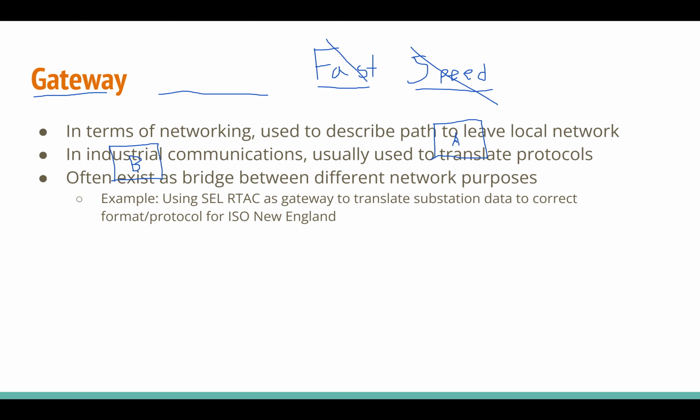Something needs to translate between them, and it usually ends up being your gateway, but that's also your way of exiting the network. I think that's how that terminology originally got mashed into one thing, even though those are two different definitions. So you can think of it as a bridge between two different networks.